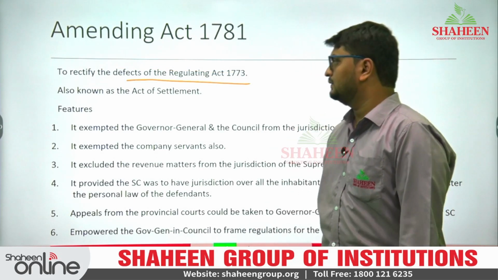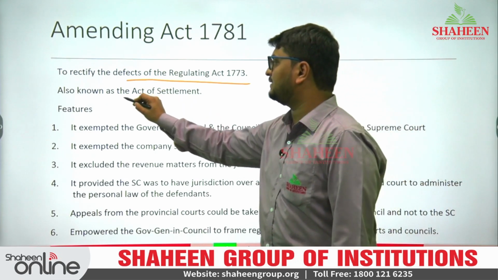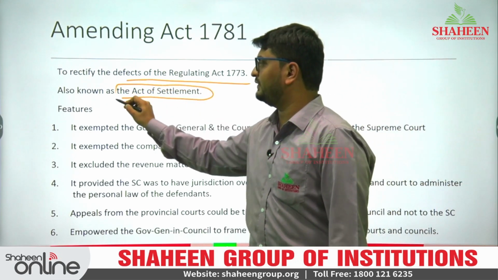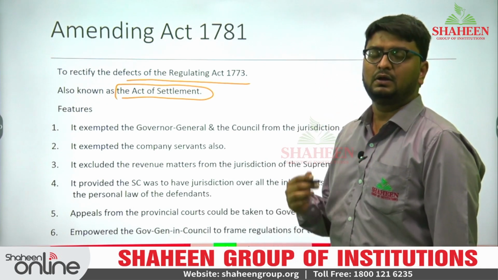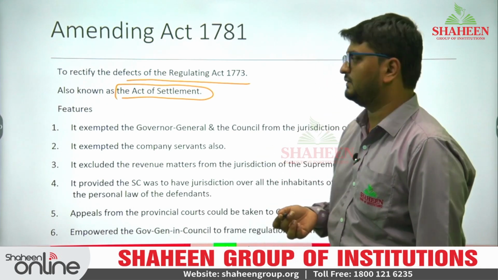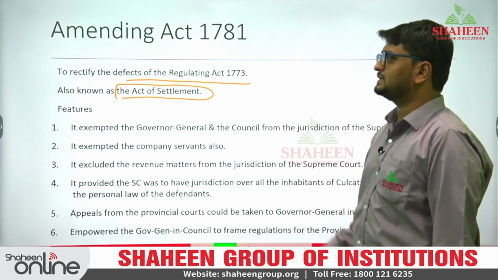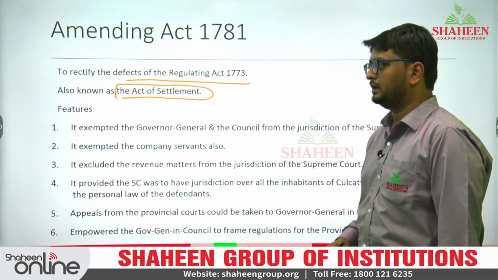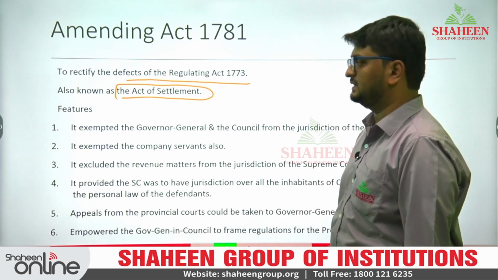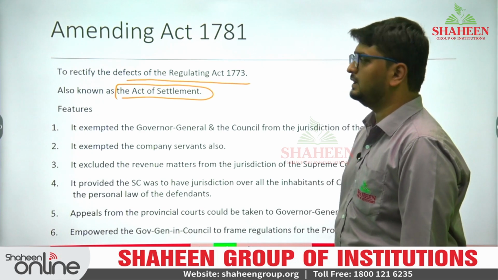It was also known as the Act of Settlement. The problems we faced due to the Regulating Act of 1773 were cleared by this Act of Settlement, the 1781 Amending Act.